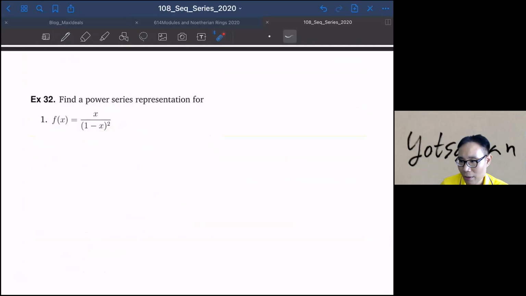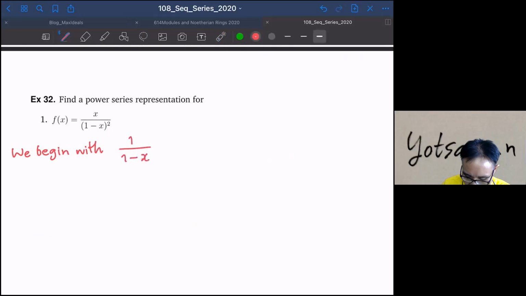How would we get the power series that represents this one? You see that we begin with 1 over 1 minus x.